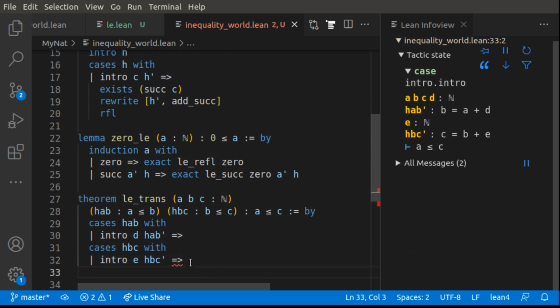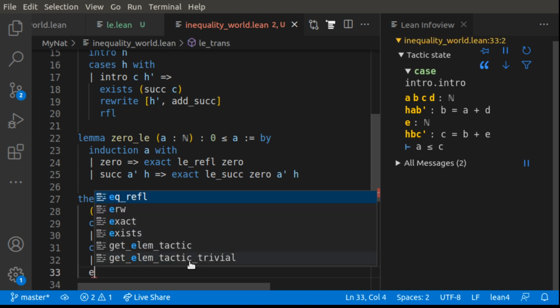Now we have B equals A plus D and C equals B plus E. So now we want to do A is less than or equal to C. We want to use, so if A is less than or equal to C, then C equals A plus something. C equals A plus D plus E.